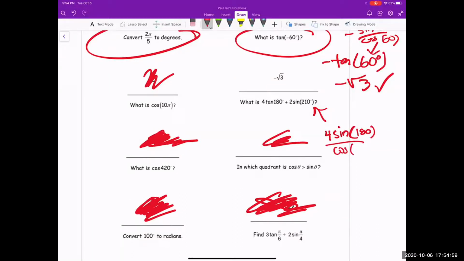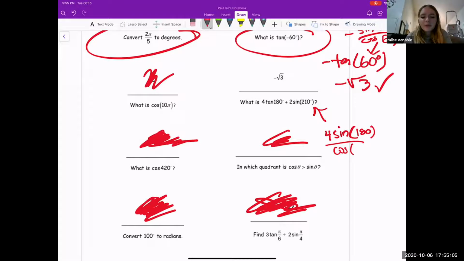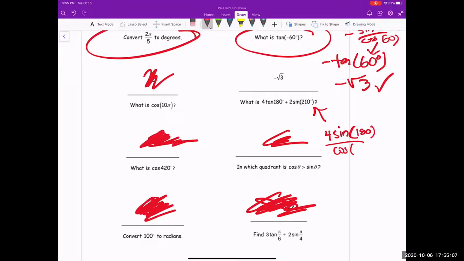Yeah, it is 180. Wait, what? Does that mean you're timesing it by 4? Let me see this one. So cosine. Oh no, that's not the one. Sine is 0. Okay, that's okay. So sine of 180, and then plus 2 sine 210.